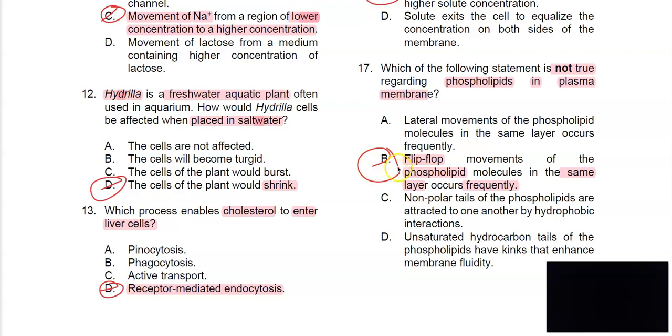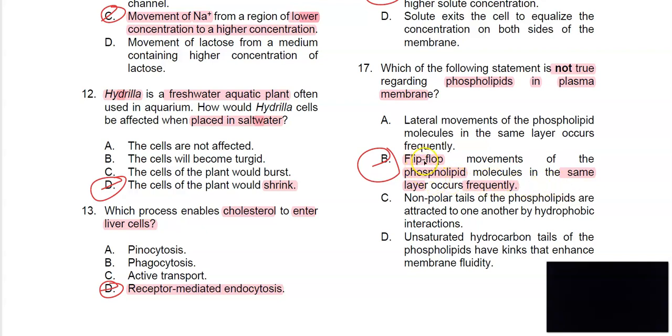Okay, so that leaves you with B as the incorrect statement, which is flip-flop movement of the phospholipid molecule in the same layer occurs frequently. So there are two wrong facts inside this statement.